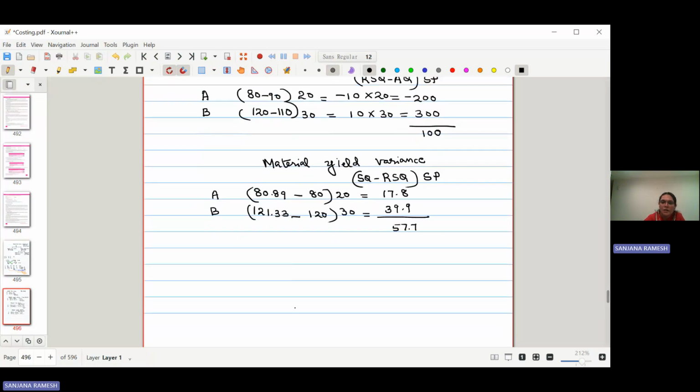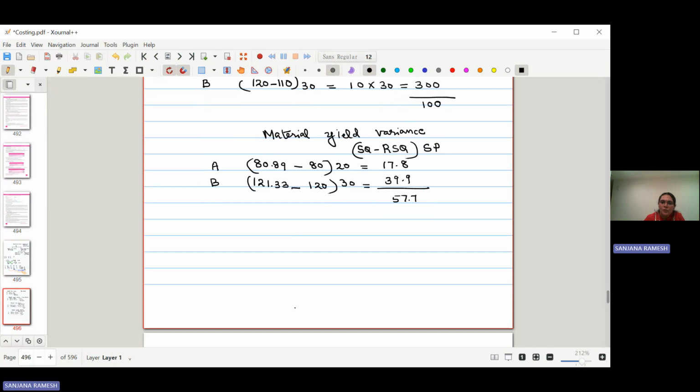Now we can do the reconciliation also. So material cost variance is equal to material price variance plus material usage variance.